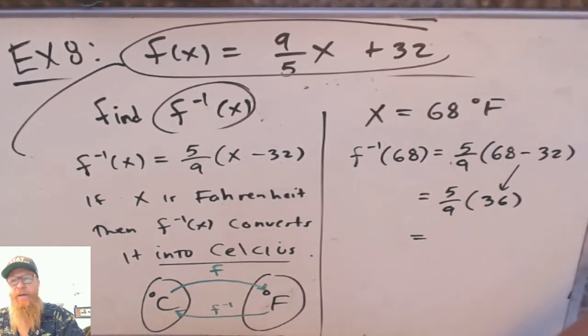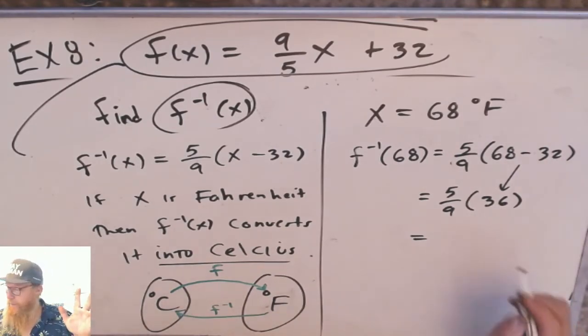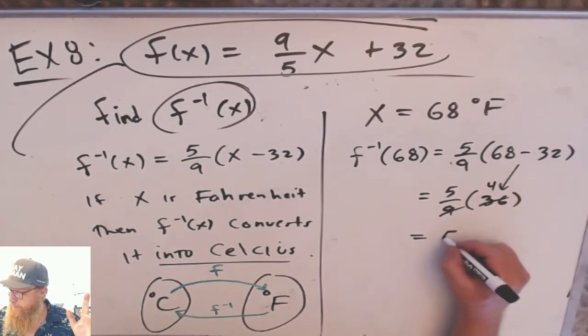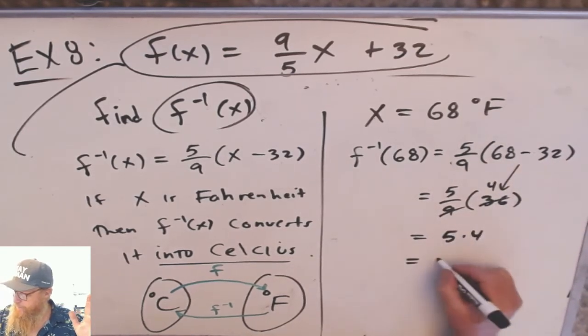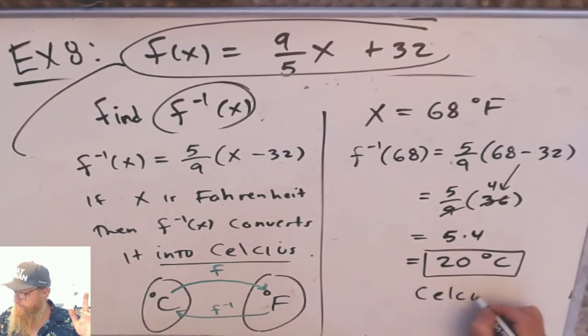I just did that in my head. I hope it's right. I know I'll get some emails if it's not. 9 goes into 36 4 times, so that'll be 20 degrees Celsius.